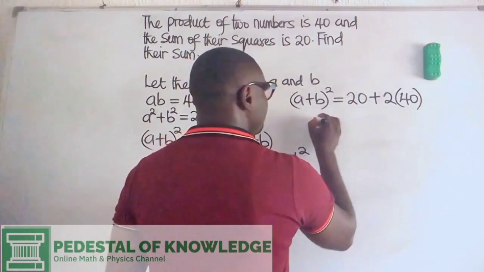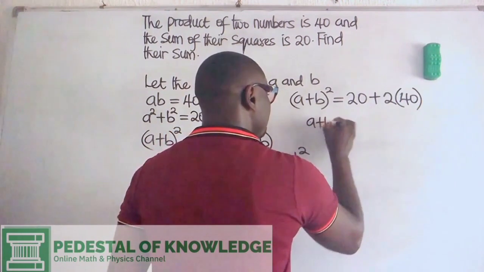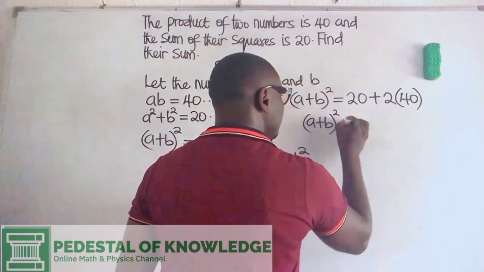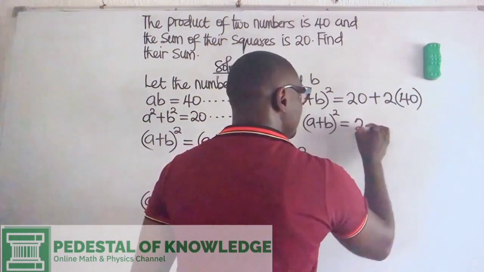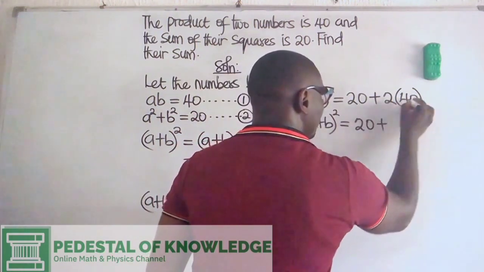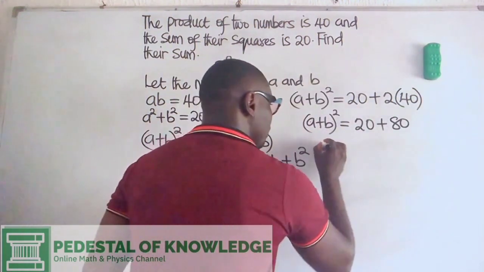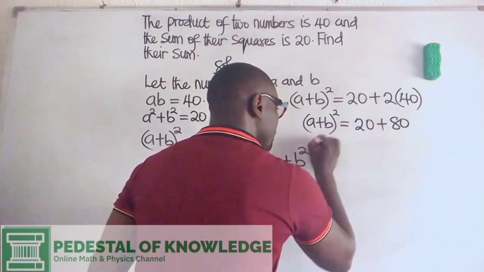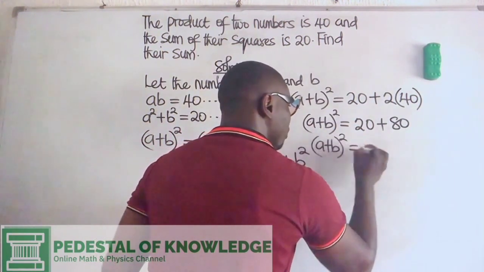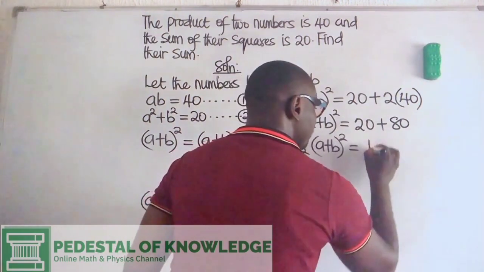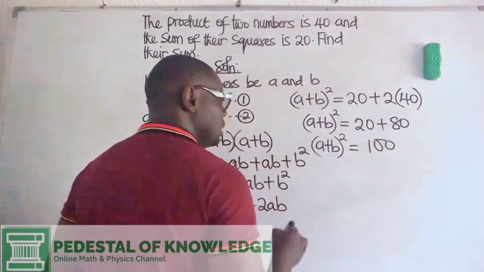Now A plus B all squared is equal to 20 plus 2 times 40, which gives us 80. Now A plus B all squared is equal to 20 plus 80, which gives us 100.